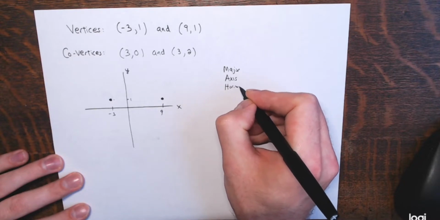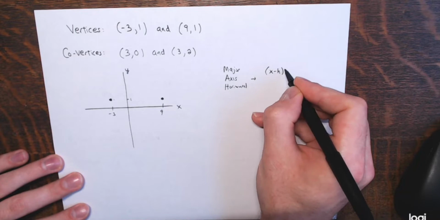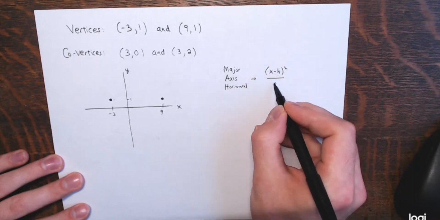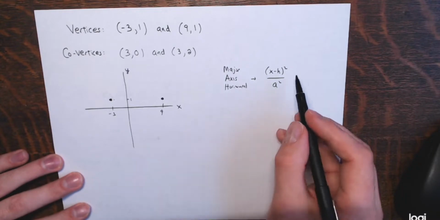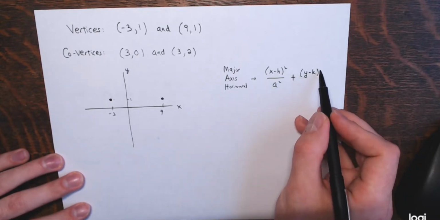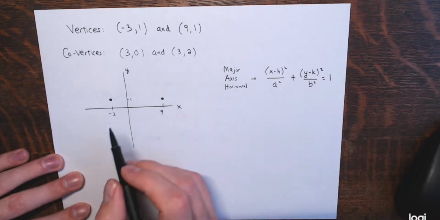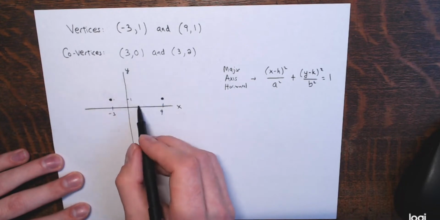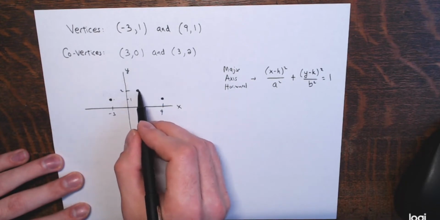So when I'm writing the equation out, it's going to look like this: x minus h squared divided by, now this time the a squared is under the x. The larger denominator will be under the x term, plus y minus k squared over b squared equals 1. And the co-vertices are at 3, 0 and 3, 2. Alright, so there, and then you can actually draw the whole ellipse in if you want.